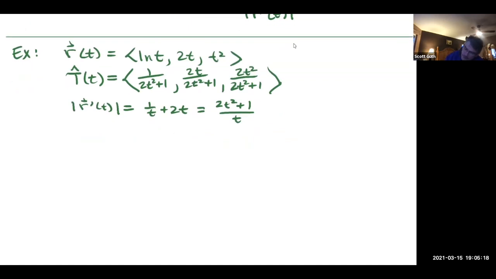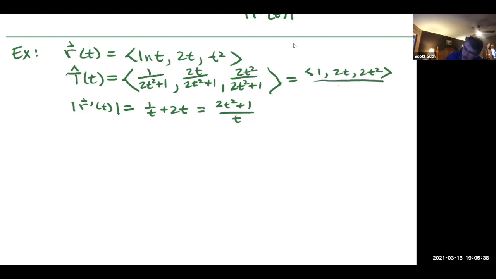Okay, and another thing I want to do is a quotient rule here. I'm going to write my T again as I originally had it, 1 comma 2t comma 2t squared, over just a single denominator.